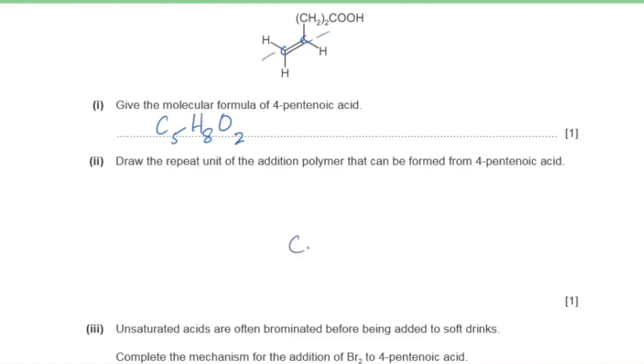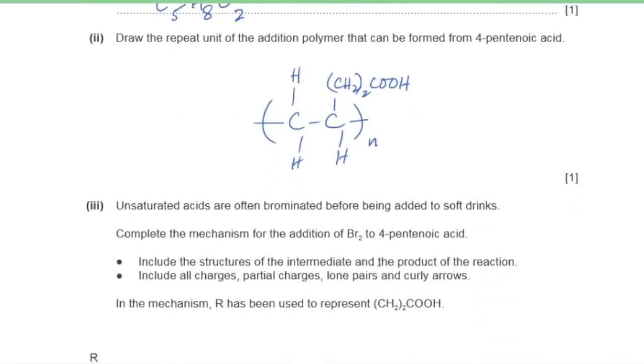So a repeat unit would look somewhat like this. And you put the bracket around it, right? n stands for the number of repeat chains.